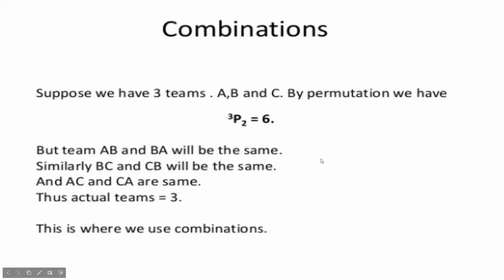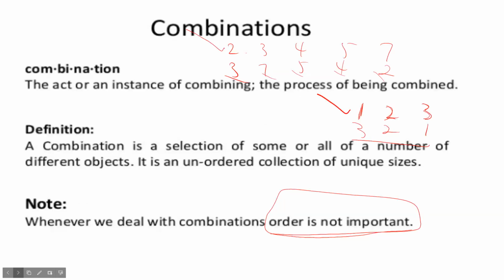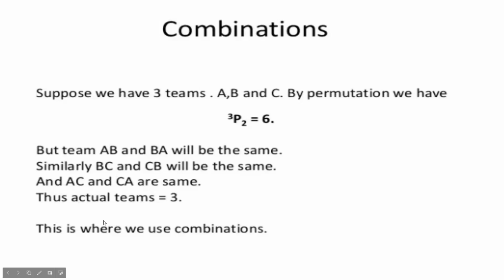Now this is the formula for combination. Oh, they didn't give the formula? All right, I missed it. The formula is nCr, which is n factorial over (n minus r) factorial times r factorial, right?